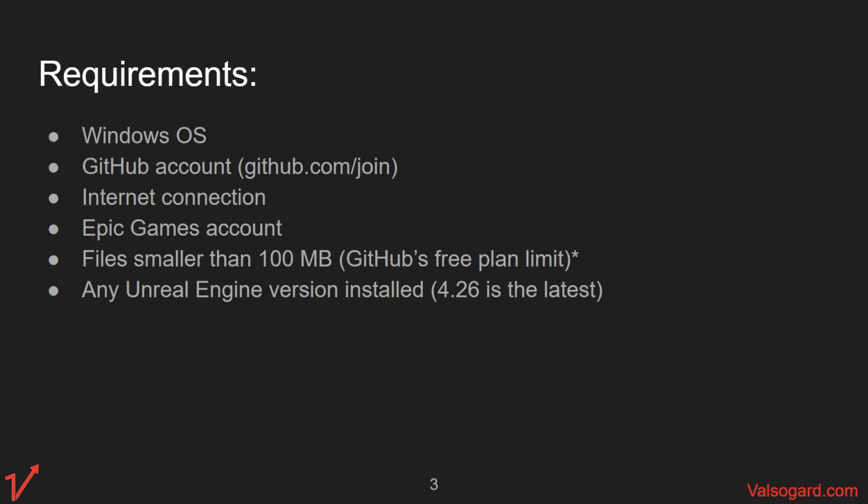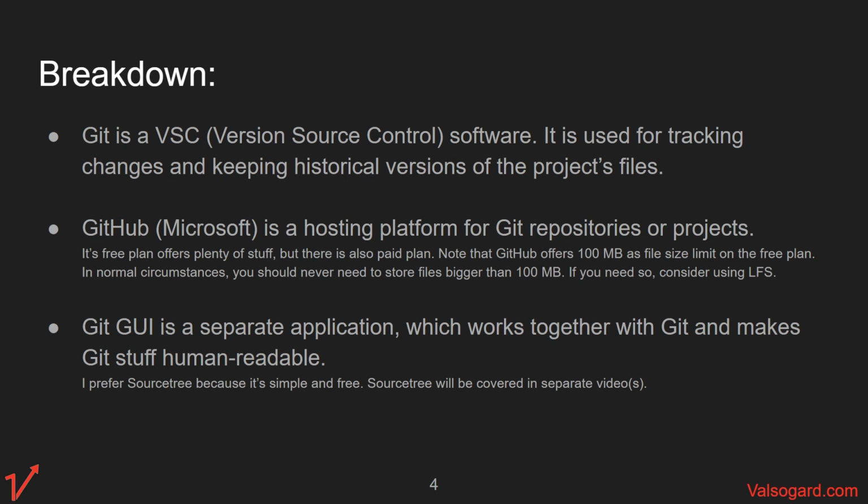I'm also going to create another video which will showcase a workaround solution for situations like this. And you would also need any Unreal Engine version installed, and at the time of filming this video series, 4.26 is the latest one.